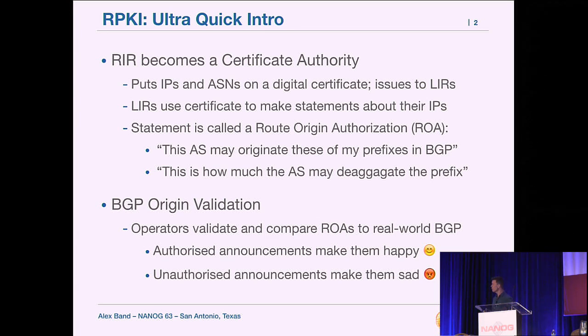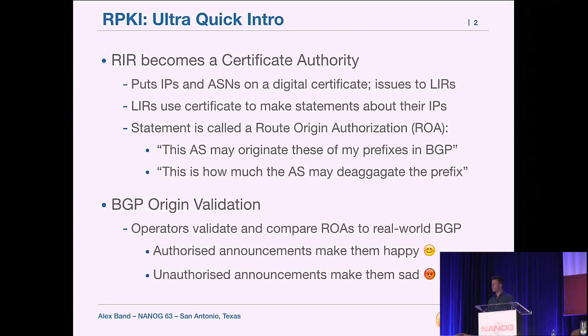And that statement can really be anything. But the implementation that we've done is to use this for BGP origin validation. So essentially, you can make a statement about what is allowed with regards to BGP routing with your IP addresses. And this statement is called a route origin authorization. A route origin authorization essentially says, I authorize this autonomous system to originate these IP addresses of mine.